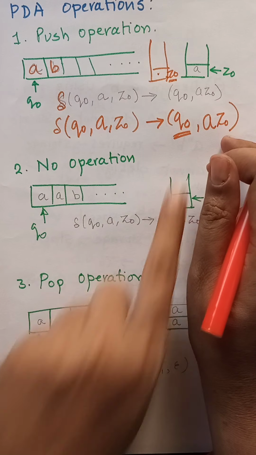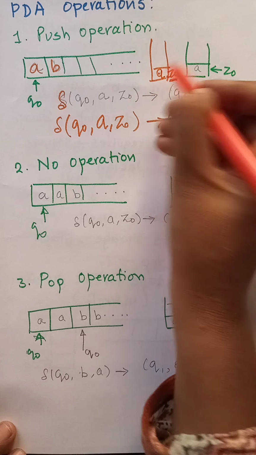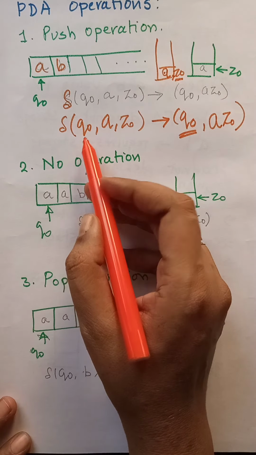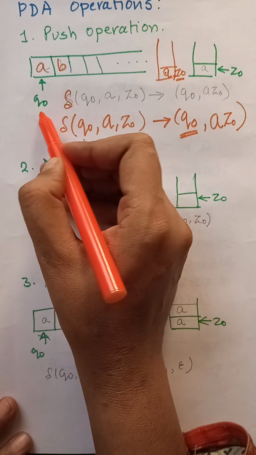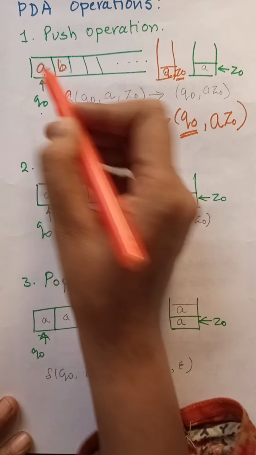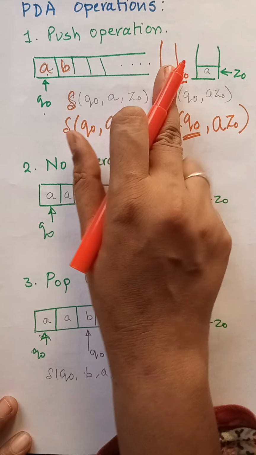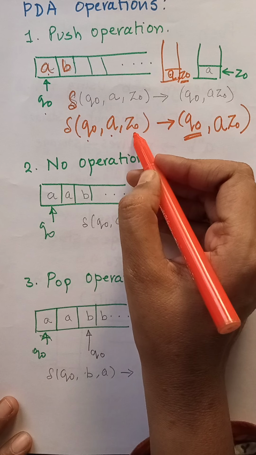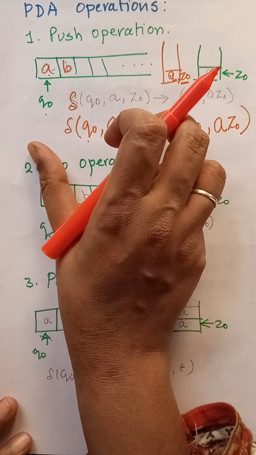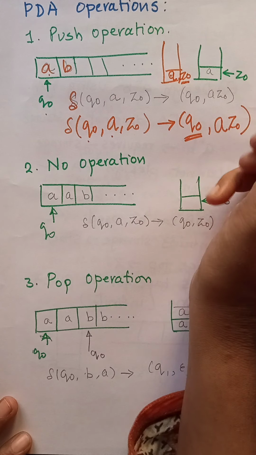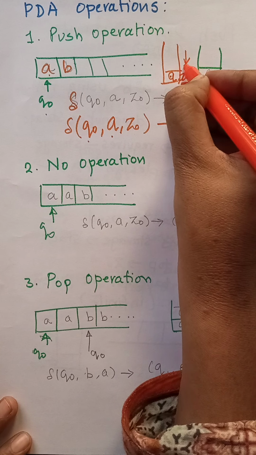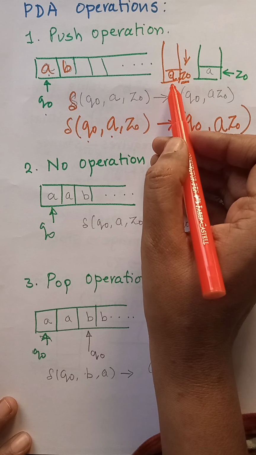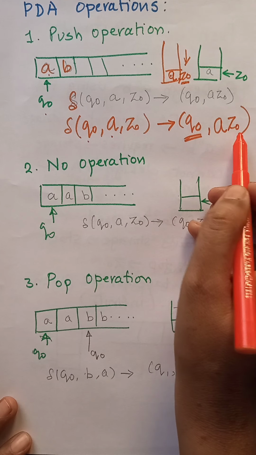That means after this operation A will be transferred here. So this is a push operation. Q0, the initial state, the tape symbol A, and nothing present on the stack, represented by Z0. We want the push operation, and after the push operation we write A Z0.